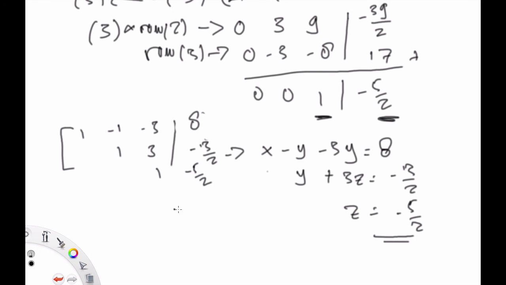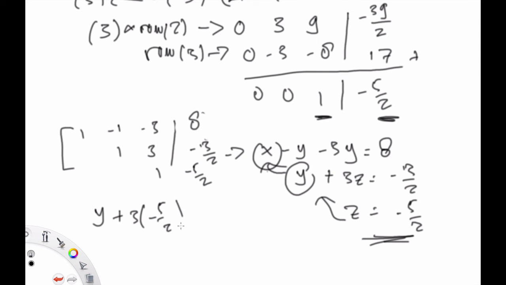After we obtain the value of z, of course we can get the other values, y and x, by using back substitution. So if z is minus 5 over 2, we can write y plus 3 times minus 5 over 2 equals minus 13 over 2. So we get the value of y is 1.